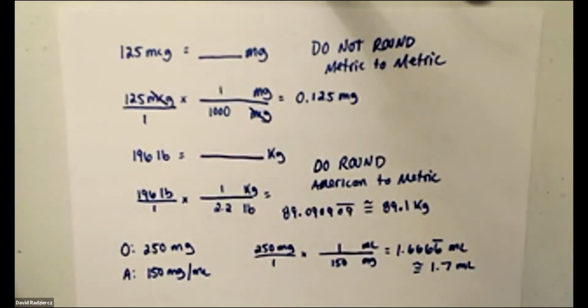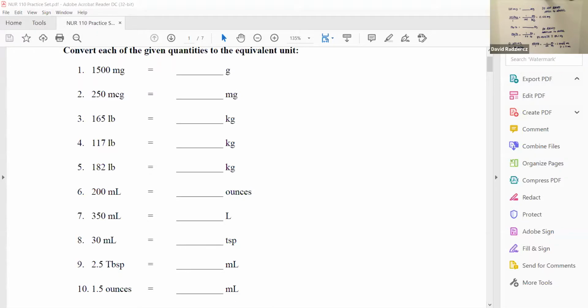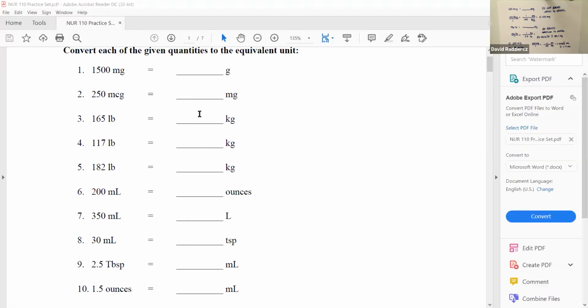So give me 1 second. Here we go. So this is like a paper version of what you have on Blackboard to some extent. This is in the Microsoft OneDrive link that's on Blackboard. So you'll be able to see these things listed here for practice.